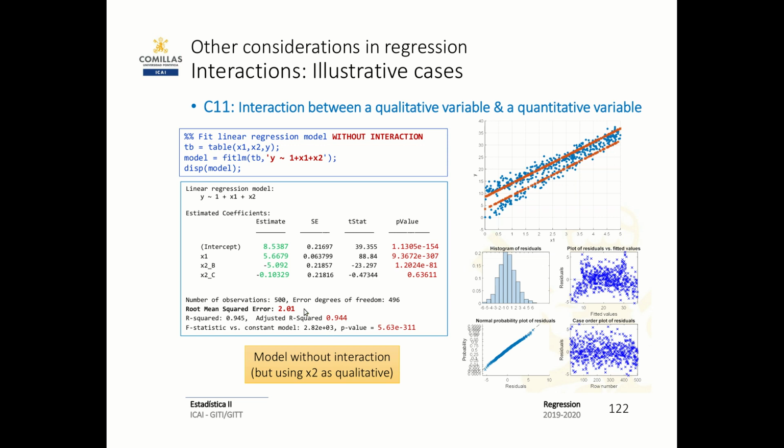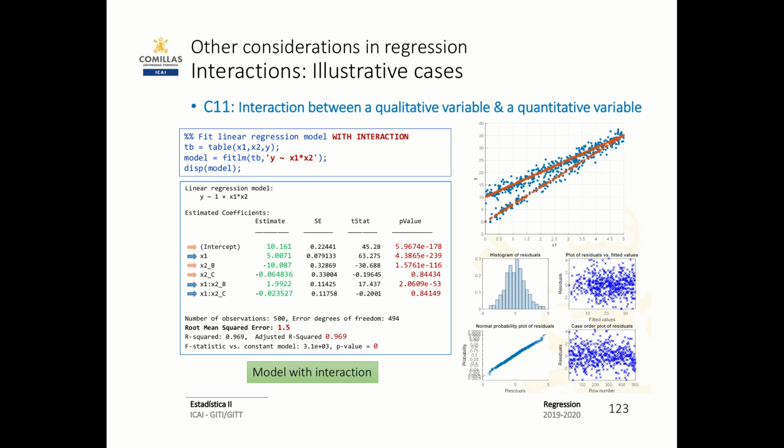And now the r squared is much better than it was, and still in the residual analysis we see some pattern that we may try to get better. Because we didn't consider the interaction, when x2 takes the b value, what we are doing is shifting down the regression line, so we are just changing the intercept.